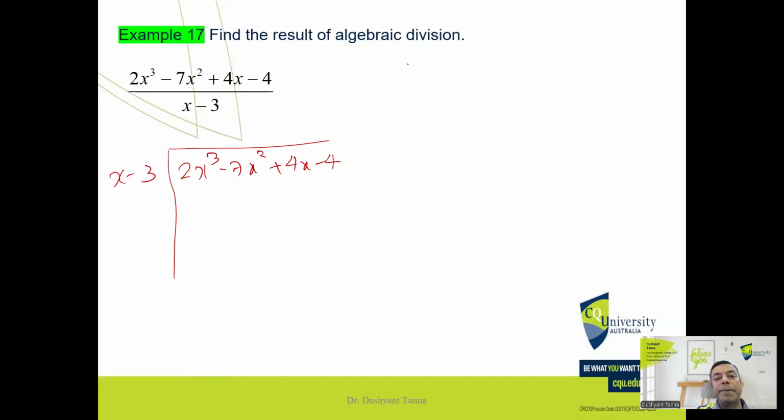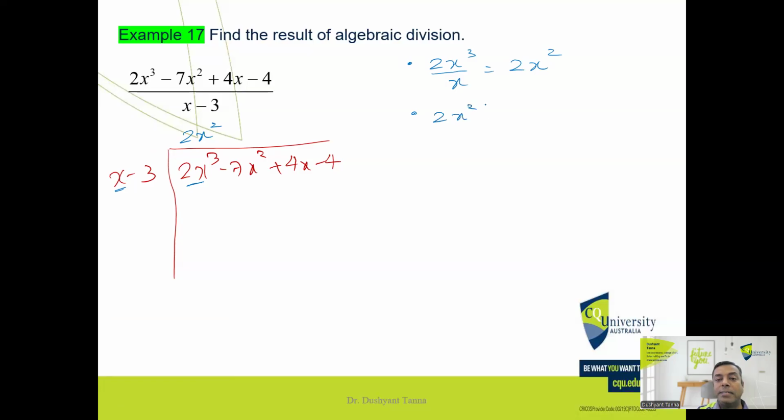First step. What will be your quotient? You pick up the first term here and the first term here. So 2x^3 divided by x will give you 2x^2. That's my quotient's first term. Now what I will do is multiplication. Multiply these two.